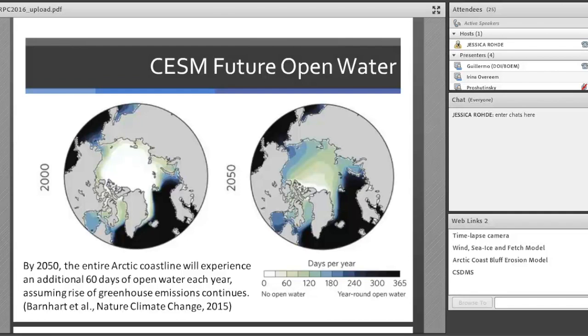Based on the Community Earth System Model, we can expect this vast expansion of the number of open water days. And if you look in this paper in Nature Climate Change, the other thing that the graduate student Katie Barnhart did at the time was to look at when is the first day and when's the last day of open water, and see that expansion in the seasons. And it's quite dramatic.